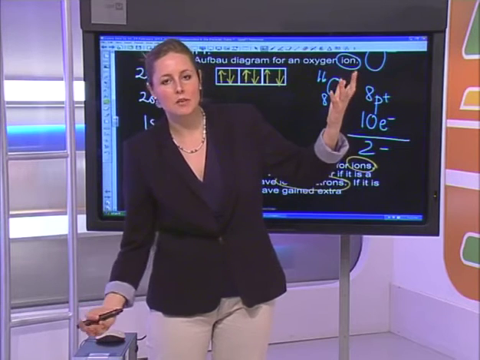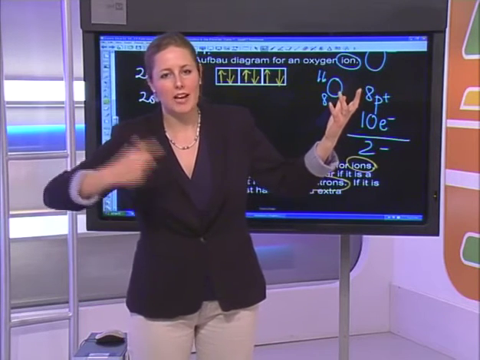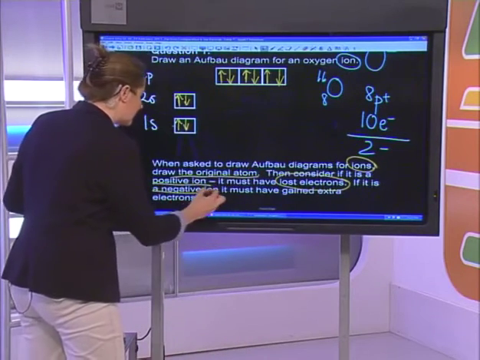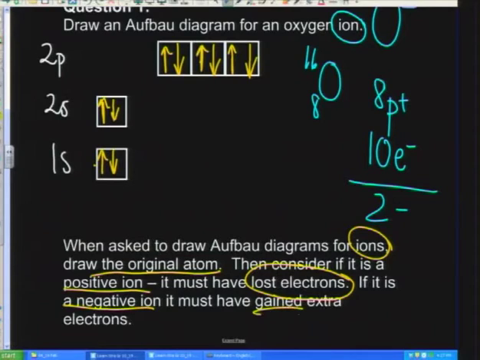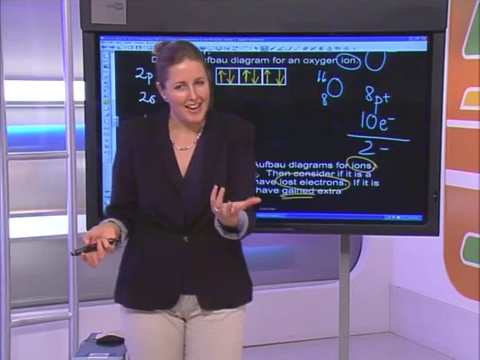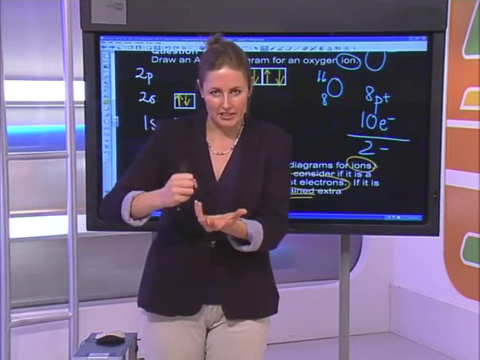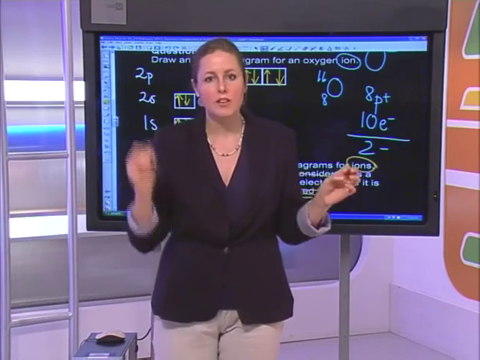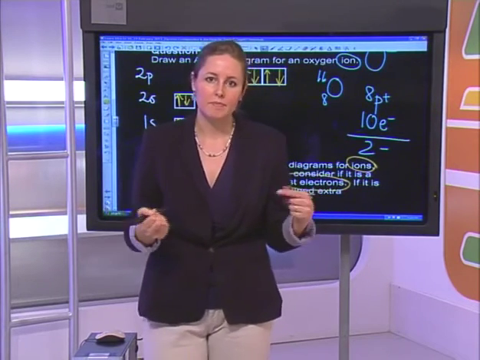The proton number is outweighing, so it must have given away or lost electrons. Whereas, if that ion is negative, then it must have gained or taken up extra electrons. Remember, electrons are negatives, so it's taking up extra negatives, and you would be able to fit those in on your Aufbau diagram.